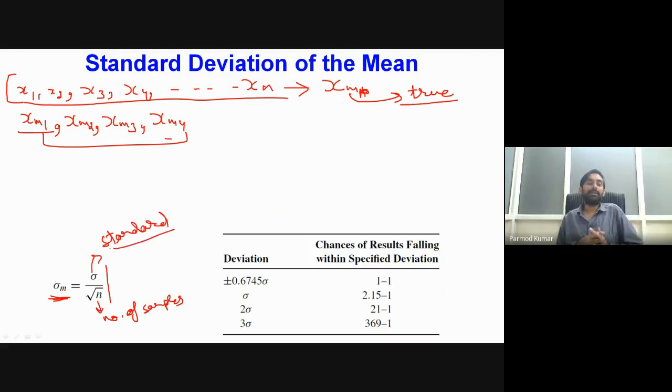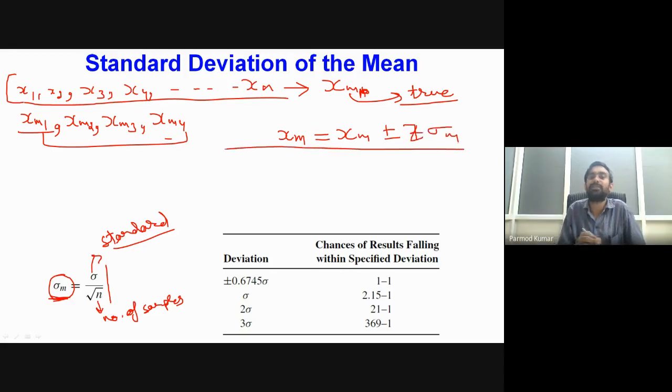So based on the standard deviation of the sample and the number of samples, we can define a standard deviation for our mean value. Now, ultimately, I can specify that my mean value has a confidence level within the limits of plus minus z times sigma m.